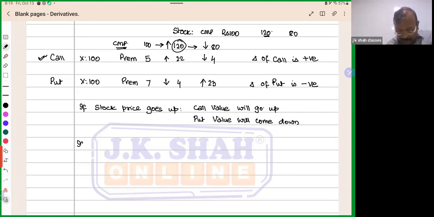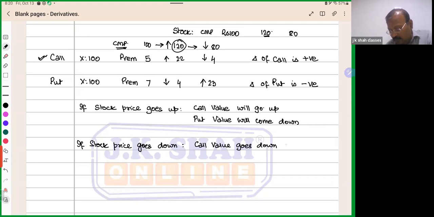And if stock price goes down, call value goes down, put value goes up.